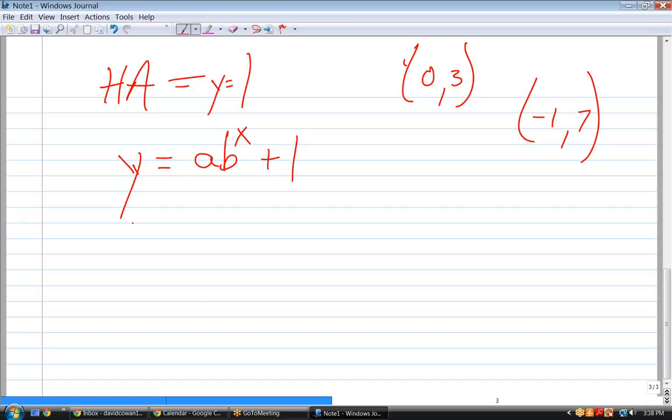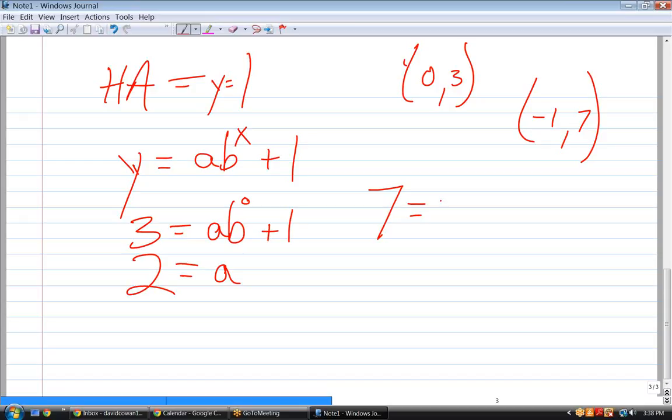So 3 equals ab to the 0 plus 1, and after the algebra, you get 2 is equal to a. Then you substitute that in, plus the point negative 1, comma 7. 7 is equal to 2b to the negative first plus 1. And then solve that.